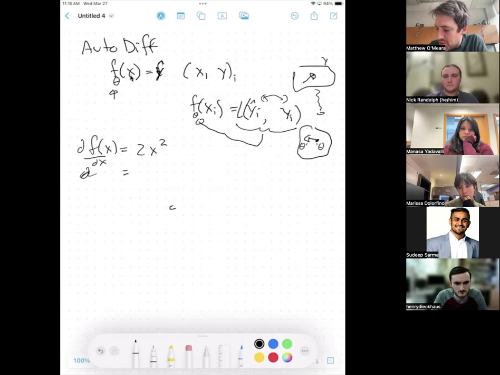I'm not going to go through and derive it, but if you think of functions as a series of compositions of functions, then PyTorch and other frameworks will help you accumulate the gradient as you go forwards, and when you get the loss, you backpropagate backwards through this chain of steps to get from the output to the input.